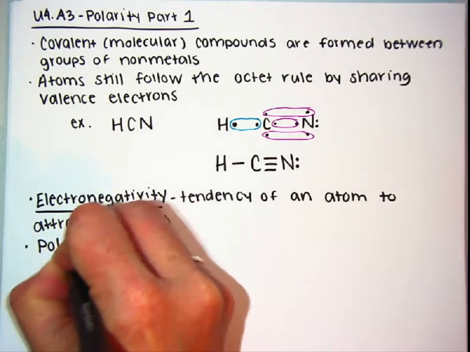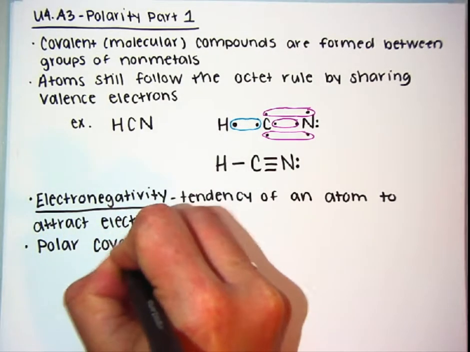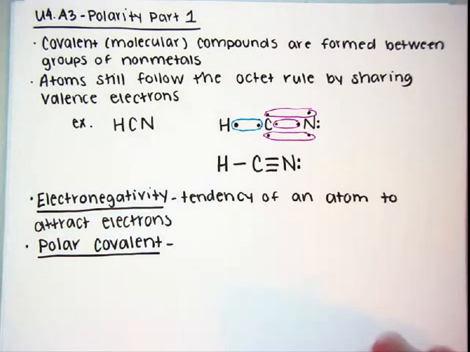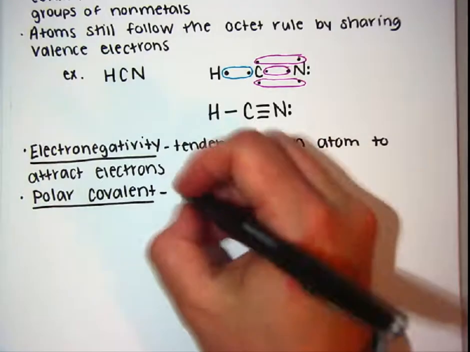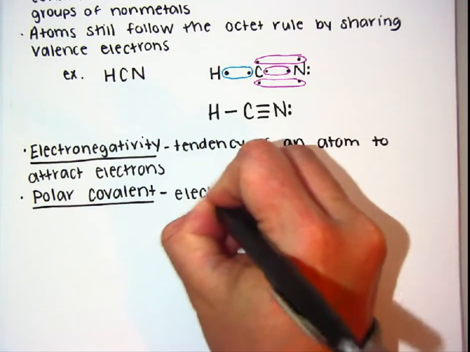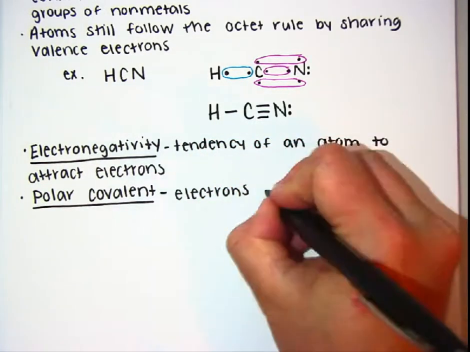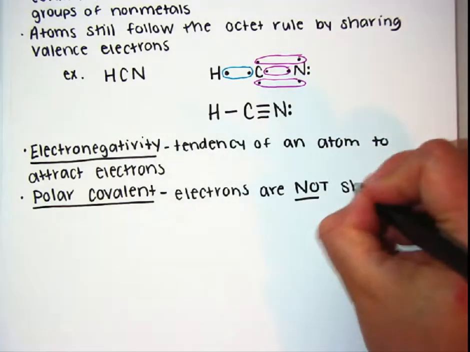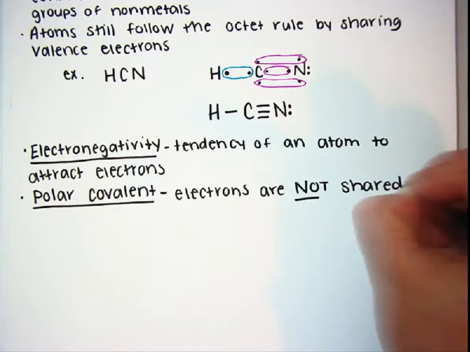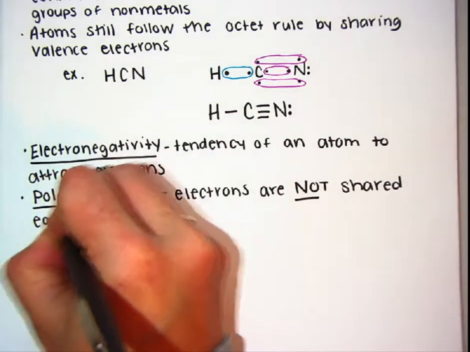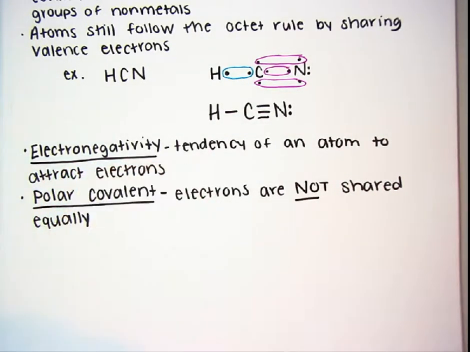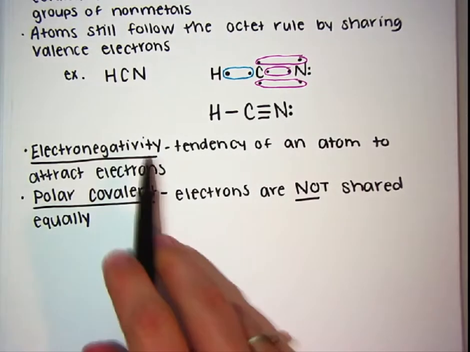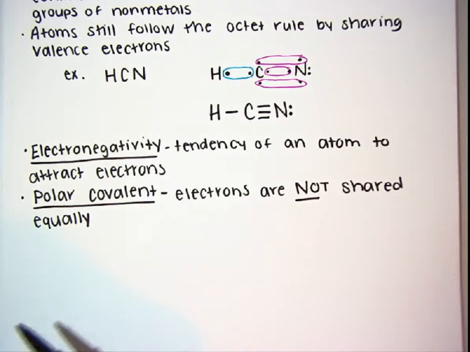We can have compounds that are polar covalent. If a compound is polar covalent, it means that the electrons are not shared equally. The reason that they are not shared equally is due to a difference in electronegativity.